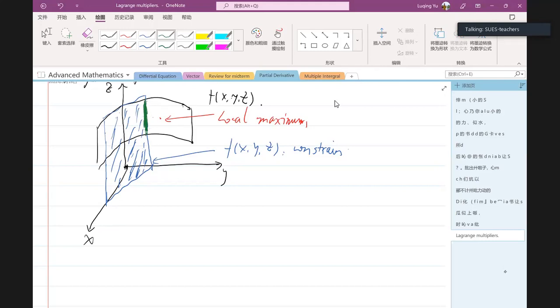So this is the intersection. This green part is the local maximum with constraint.